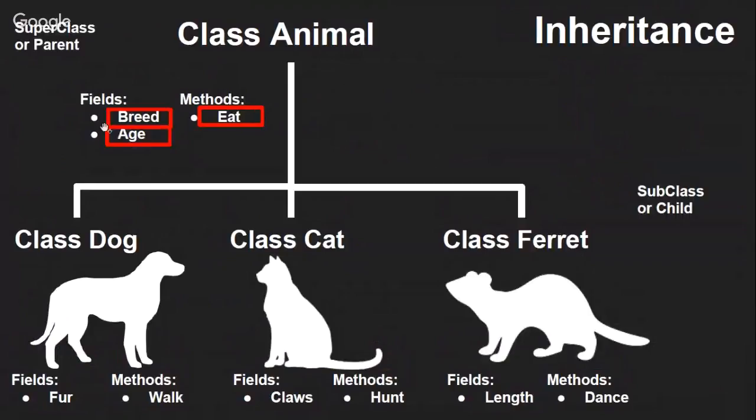This class animal will have the fields breed, age, and the shared method, and the classes dog, cat, and ferret will inherit these fields and methods from the class animal. The class animal will be the superclass or parent class, and the dog, cat, and ferret classes will be the subclasses, or child classes.